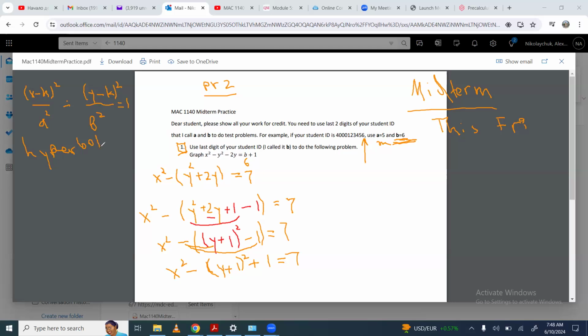And the remarkable pair of numbers such as the center. So the center was the pair h comma k, right? And there was no radius, but there were a and b that we used to graph.